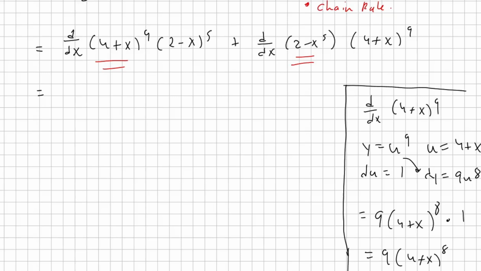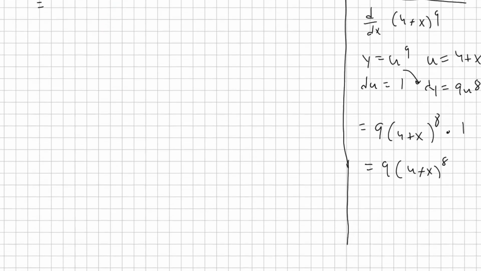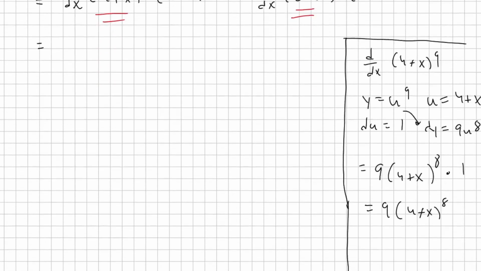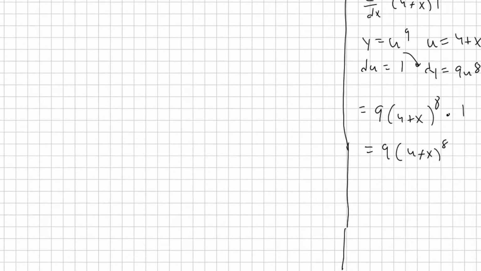Alrighty? Okay, now let's do (2 minus x) to the power of 5. So let's do the derivative of (2 minus x) to the 5, where our y is going to be equal to u to the 5th, right? And then my u is going to be equal to 2 minus x, right?